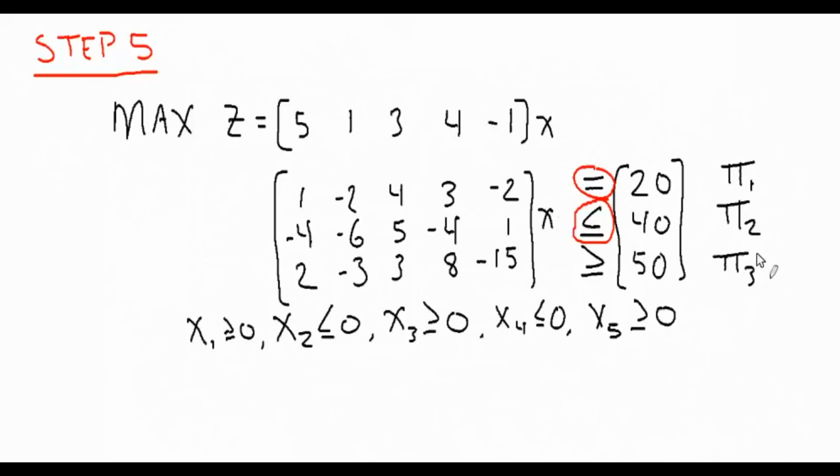Now let's figure out the sign restriction on pi sub 3. And that's driven by the fact that it's a maximization problem, and the direction of the inequality in the third constraint, which is greater than or equal to. So we look at greater than or equal to and max, go to a primal dual grid or table, and we'll figure out the sign restriction on pi sub 3.